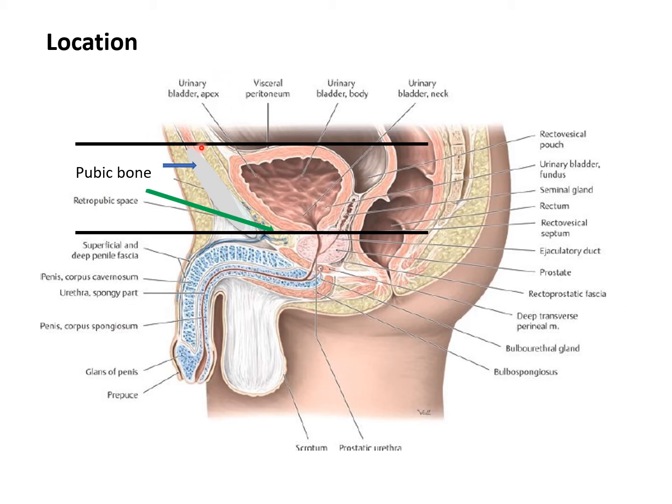So these are important points to remember, that its superior border is at the level of the upper border of the pubic symphysis, and its lowermost portion, that is the neck of the urinary bladder, is 3 to 4 centimeters posterior to the pubic symphysis and just a little bit above its level.